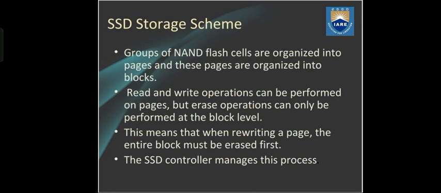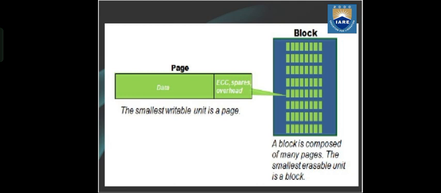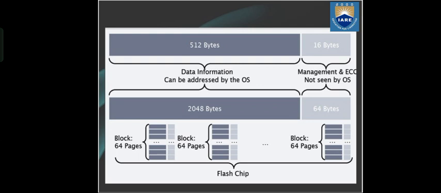The SSD controller manages this process. As you can see on the screen, the left side is a page and the right side is a block. The smallest rewritable unit is a page and a block is composed of many pages. The smallest erasable unit is a block, and it holds 512 bytes of data.